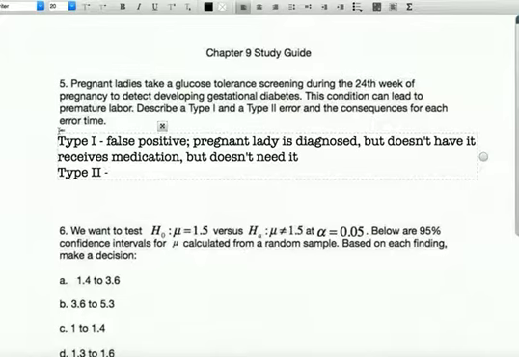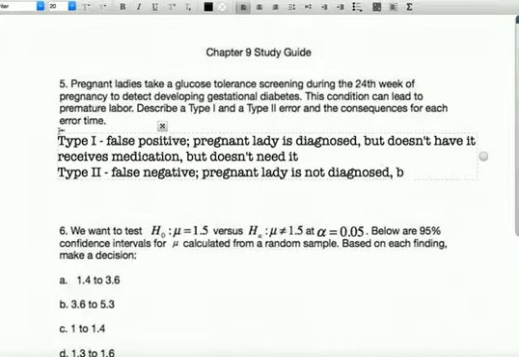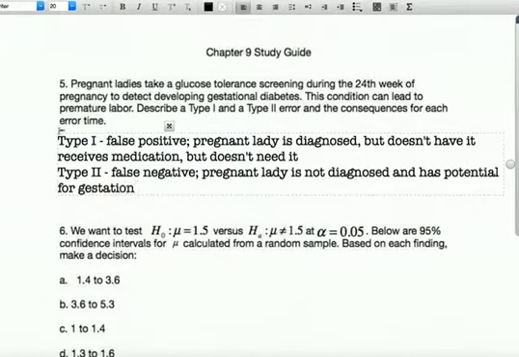Type 2 error is going to be a false negative. And so the pregnant lady is not diagnosed and has the potential for gestational diabetes.